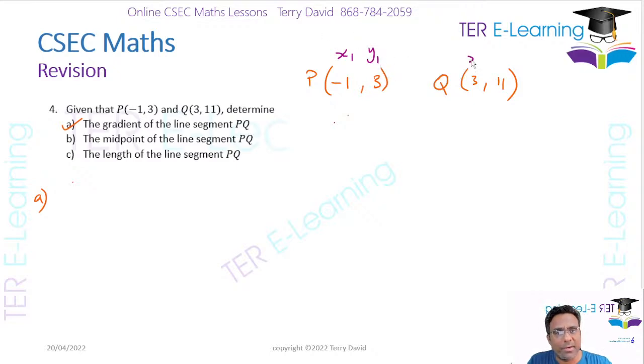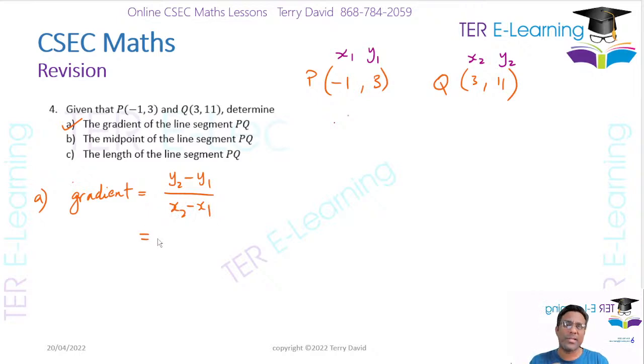I'm going to call this x2, and I'm going to call that y2. Now, I'm going to be using some formulas here that are not given to you in the exam, but you need to know them. So for example, gradient is equal to y2 minus y1 all over x2 minus x1.